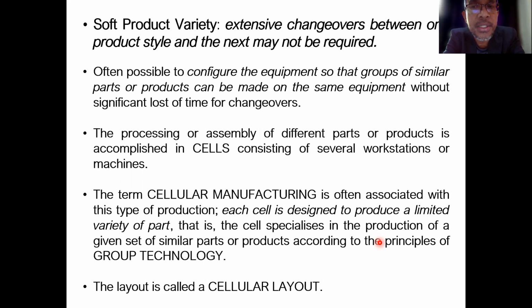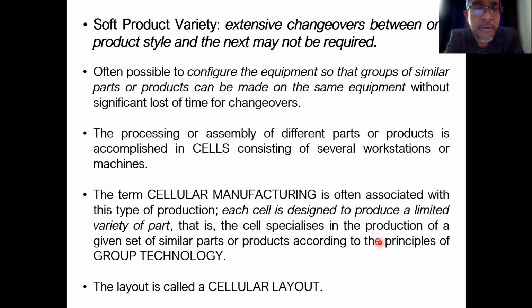So the equipment maybe they do not change. If they have a changeover, then it does not require a long time to do it. So no need to reprogram the machine.